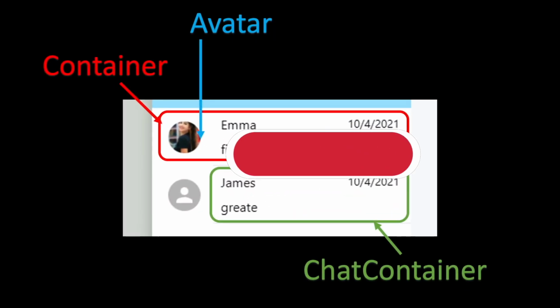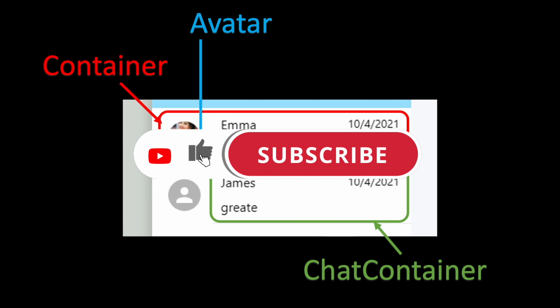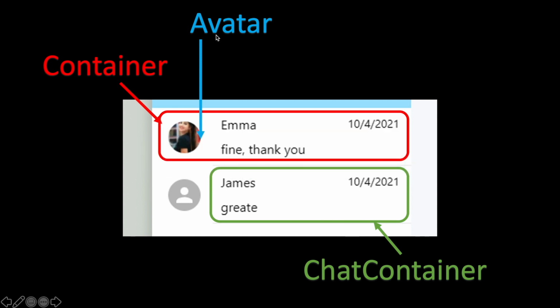And now we are going to create these chat components, and the chat component contains the container and the friend's avatar, so we show the picture when it has a picture, otherwise it just shows a gray avatar. And also it has the chat container which contains the name, the latest message, and also the date.